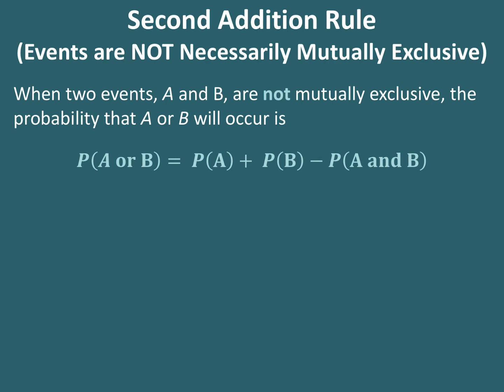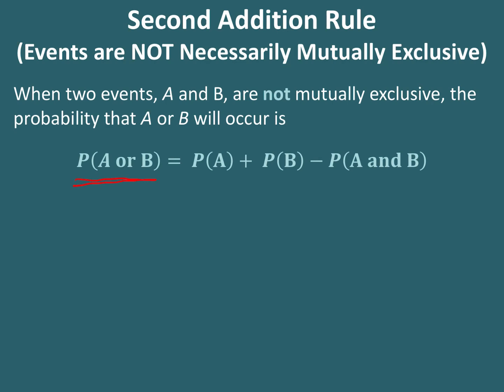Second addition rule. This rule is when events are not necessarily mutually exclusive. When two events, A and B, are not mutually exclusive, the probability that A or B will occur is as follows. Notice here that it has the same language on the left-hand side as the previous addition rule.